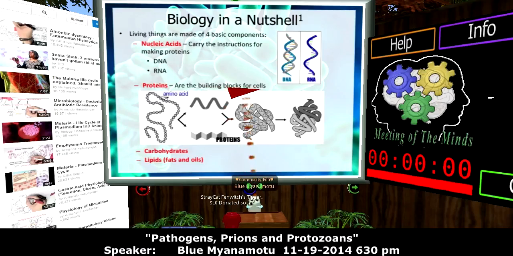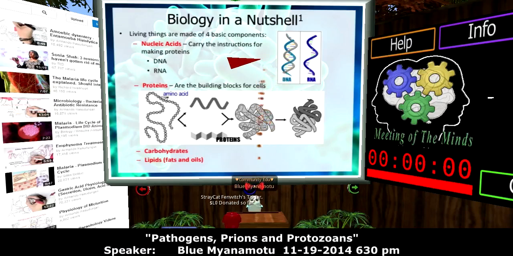Today I have my little handy-dandy pointer to show you. You can see the DNA has 2 strands, so it looks like a ladder, and RNA has 1 strand. Both of these carry the information on how to make an organism, depending on what that organism is.